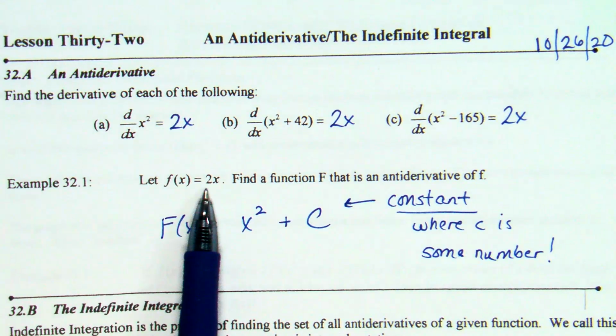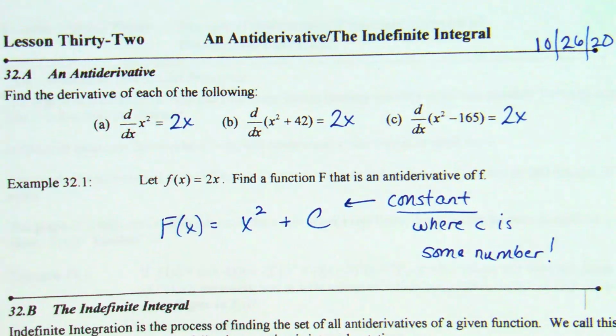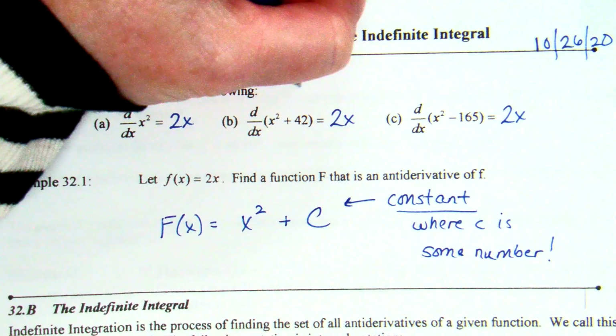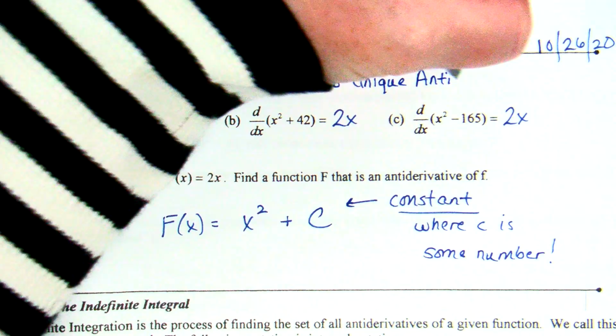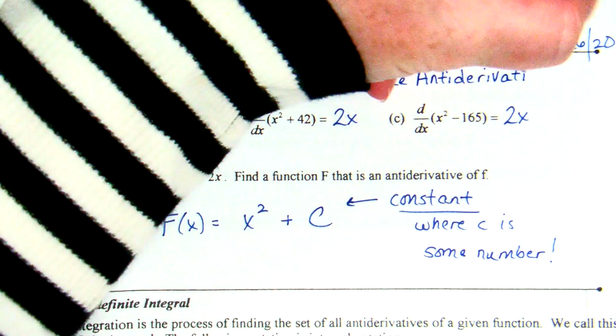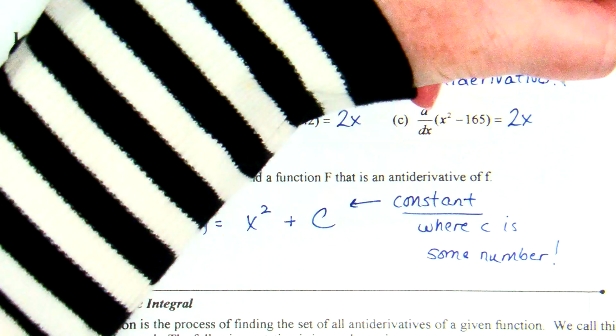For that reason, there is no unique antiderivatives ever, because it could represent a variety of numbers. So no unique antiderivatives. I would make yourself a note there.